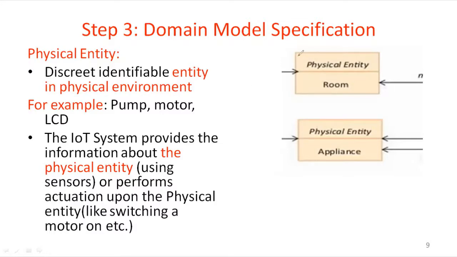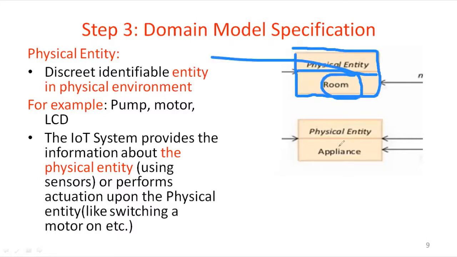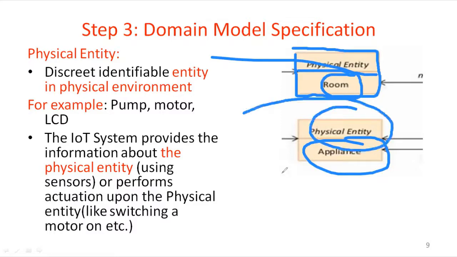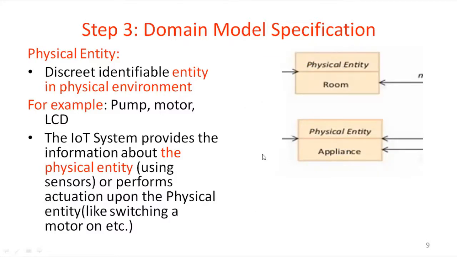You represent the physical entity as a rectangle box, the real world entity, such as a room or appliances. In the case of a home automation system, the room is one physical entity. That is a simple representation of a physical entity. The next important one is the logical entity.